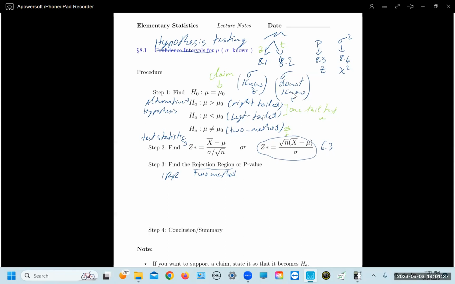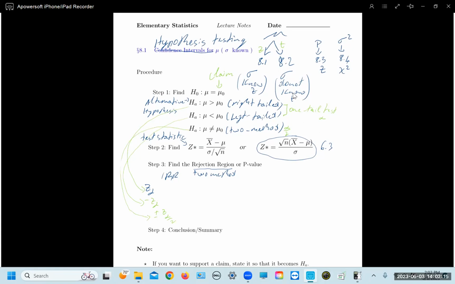If we have Z alpha, for HA this is Z alpha on the right, minus Z alpha on the left, and plus and minus Z alpha over 2 for the two tail test.